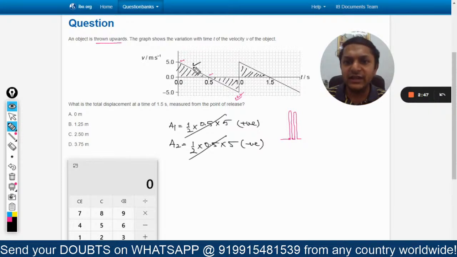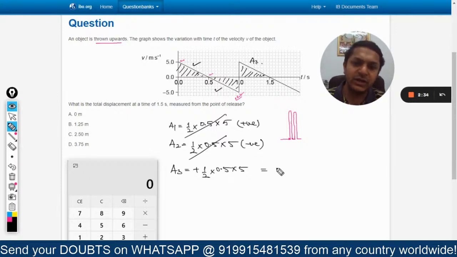So we are left only with the third term. A3 will be positive, it will be half into base into height. So this is coming out to be 5 by 4, which is 1.25 meters. So our answer is B.